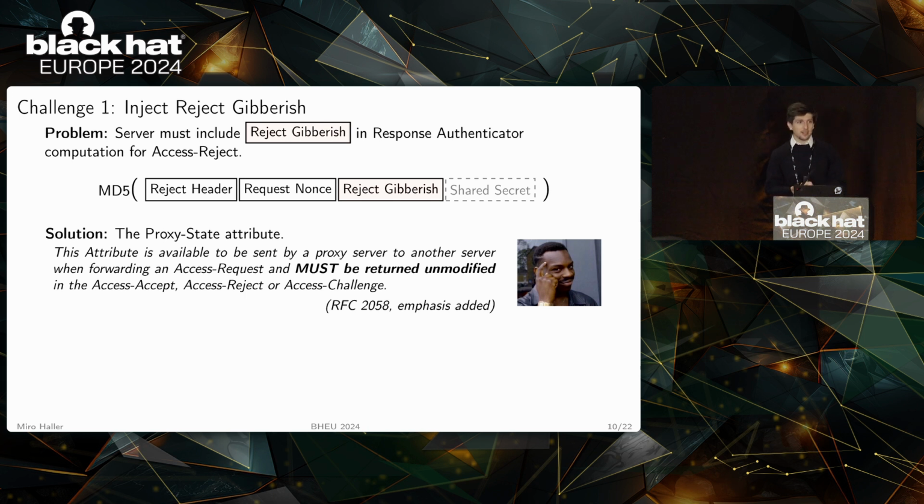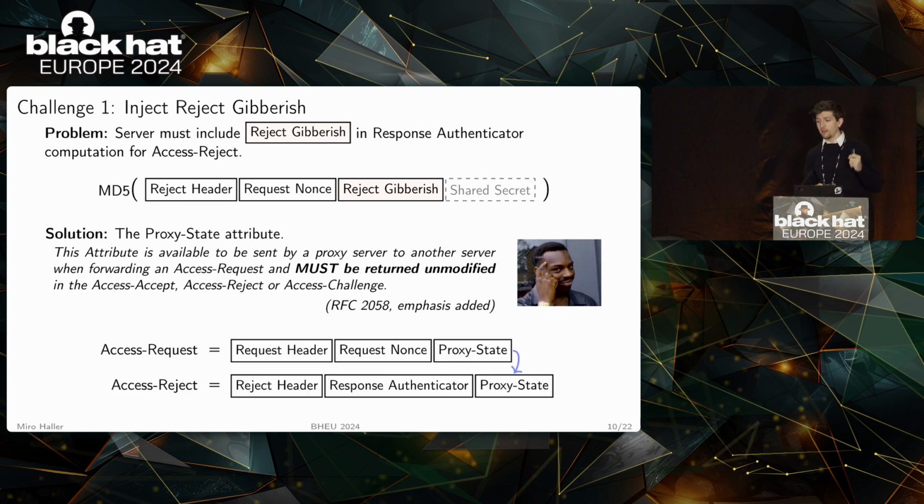It's called the proxy state attribute, and the standard mandates that the server must include this attribute without any modifications in the response. So that means if we have an access request with a proxy state attribute, then the server, if it follows the standard, must copy this attribute onto the access reject. And so the goal here is that we can hide the reject gibberish in such a proxy state attribute.